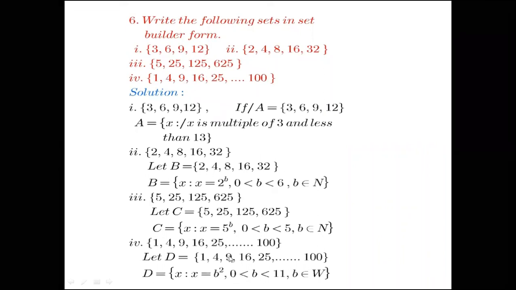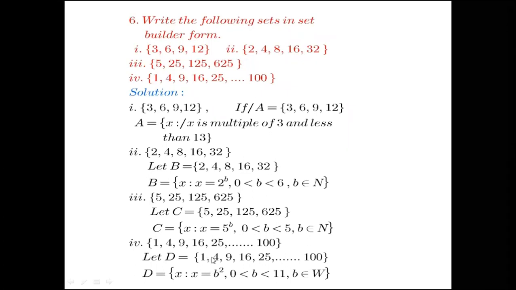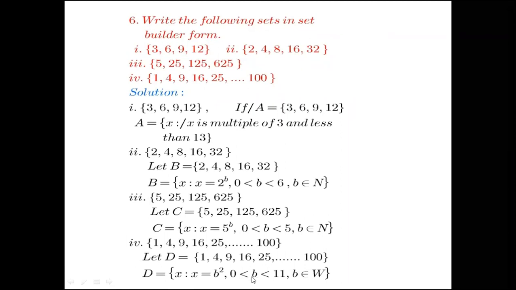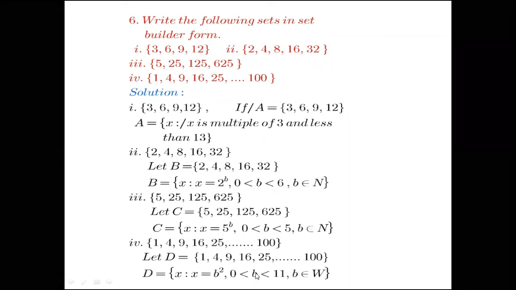So this starts from 1: 1, 4, 9, 16, 25 and so on up to 100. So here you should write 0 less than b less than 11. So here b is taking the values of 1, 2, 3, 4, 5 up to 10.